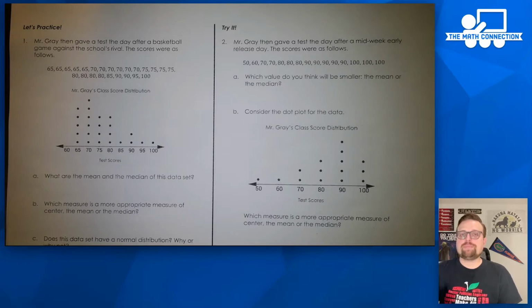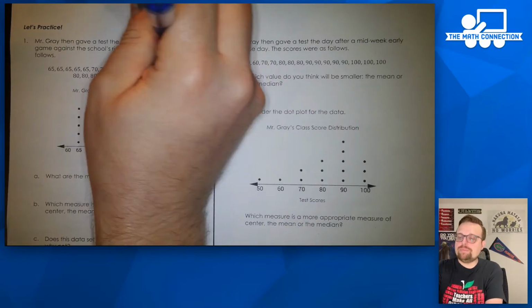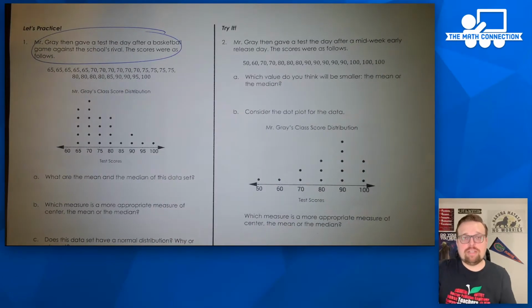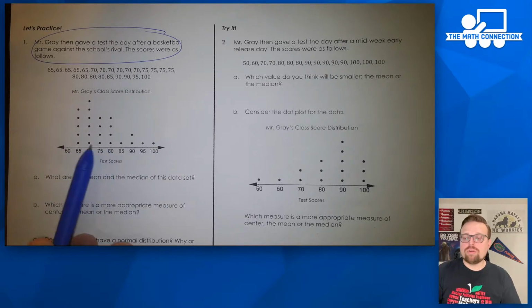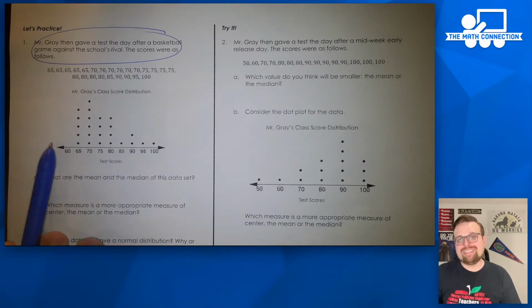So the reason they're telling you this information at the top is because they're trying to add a little bit of narrative as to why the scores that are shown here are going to be different than the ones you just saw. Okay, so it's the same students, it's the same teacher, it might be a different test, but this is what the scores looked like when he gave the test this time.